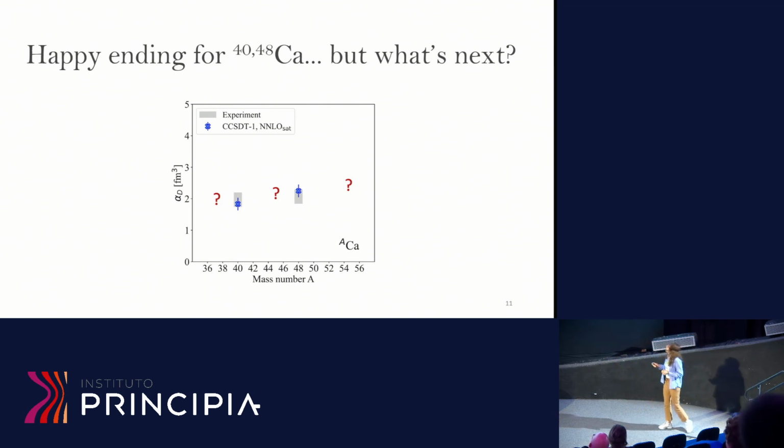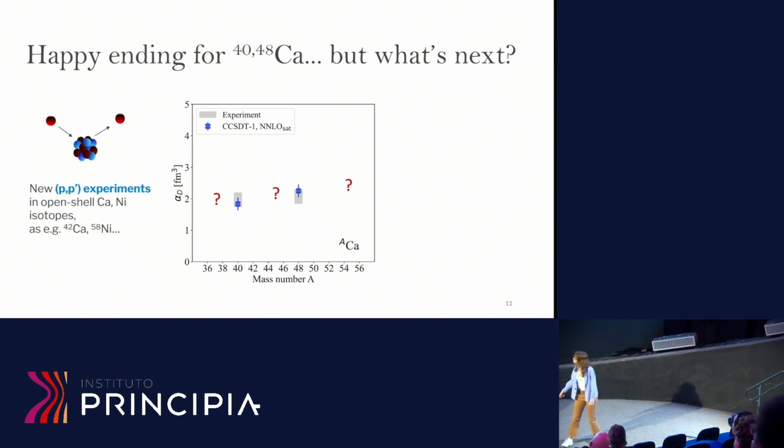And so here we have agreement with experiment, but if we look at the full isotopic chain, we actually see that there is a lot that we don't know regarding how the polarizability evolves along this isotopic chain. But the experimentalists are performing new experiments, especially in open shell nuclei close to doubly magic nuclei.